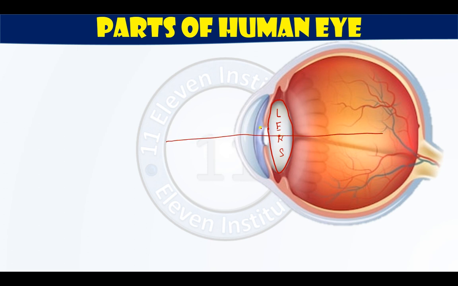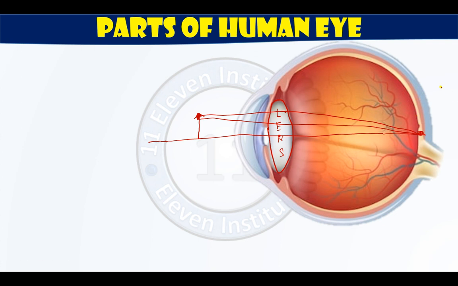This is the optical center. And suppose we place an object over here. I will not go into detail about the focal point, but suppose there is an object over here. So parallel rays will come, right? And they will get refracted like this. And one more ray will come from over here and it will get refracted over here. So the image of this point is formed at this point on the retina.